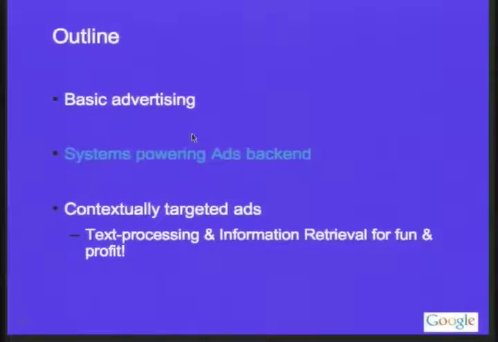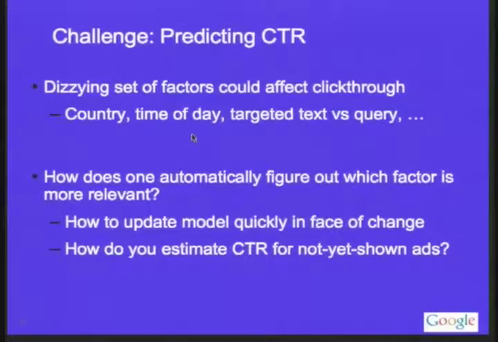So now that we know roughly how the auctioning process works, one of the questions that came up is, how do you predict the CTR? In our calculation to compute the effective CPM, the CPC is something that we just talked about. How much we charge to the advertiser is roughly just what the previous bid was.